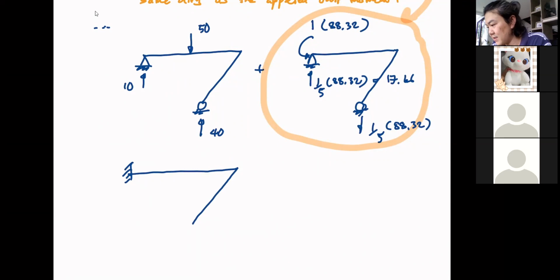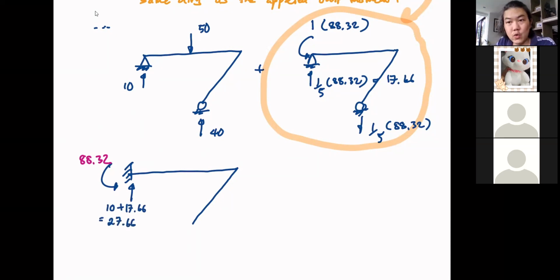Here we have 88.32 as a moment. Let me change the color so that you see it better. Now the reaction here is you got 10 and 17.66. So right here is 10 plus 17.66, that's equal to 27.66.